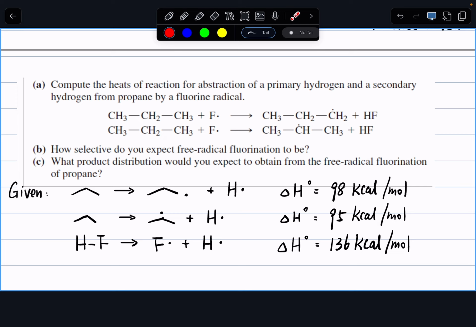Delta H naught of the reaction will be the bond dissociation energy to break my primary C-H bond, which is 98, minus the bond dissociation energy of the H-F bond that we're forming, so minus 136.